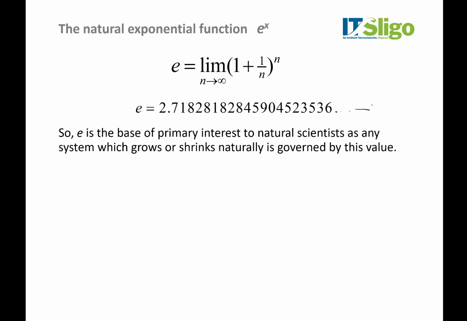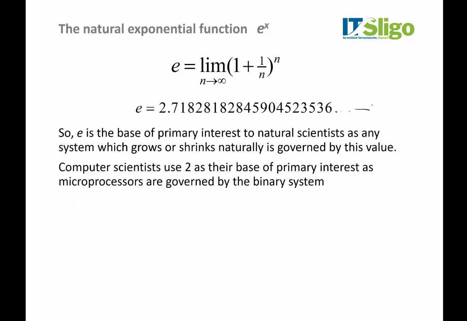So E is the base of primary interest to natural scientists, as any system which grows or shrinks naturally is governed by this. Computer scientists use 2 as their base of primary interest, as microprocessors are governed by the binary system. Everything is either a 1 or a 0 in microprocessors.